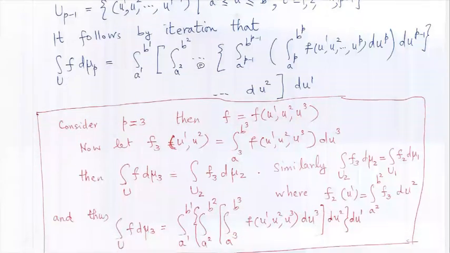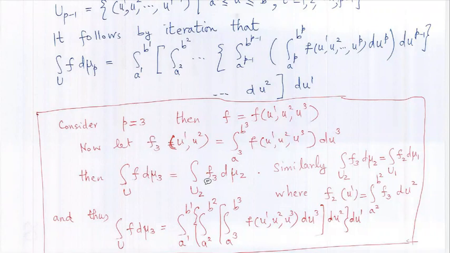This will explain what we have stated in Fubini's theorem. Consider p equal to 3, so f is a function of three variables, say u1, u2, and u3. Now, if we want to integrate f with respect to the variable u3 from a3 to b3, then the answer will be a function, say f3, which depends on two variables u1 and u2. Fubini's theorem says that integrating f on a 3-cube is the same as integrating this f3 on a 2-cube.